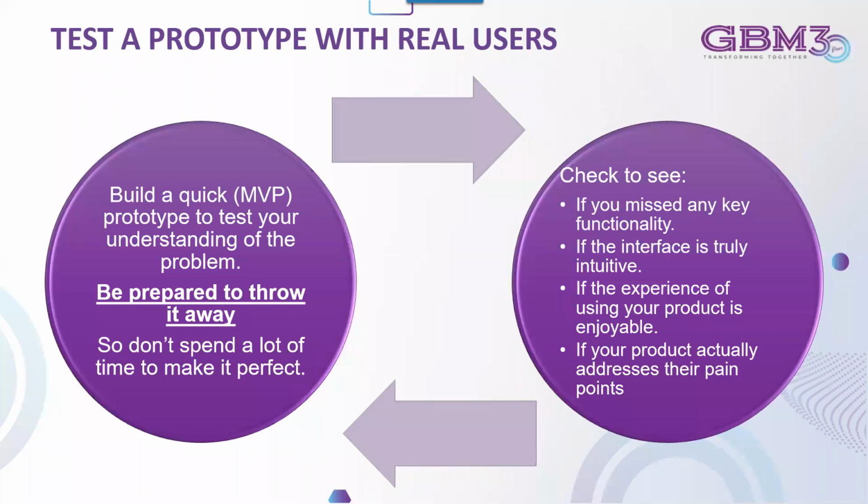Is the experience of using it enjoyable? There are so many systems around, and I'm sure you've come across them, where there's a whole mass of buttons and fields, and it's an absolute pain to work your way through it. And finally, the always-the-same one: does your product actually address their pain points? If it doesn't, then why are you doing it?